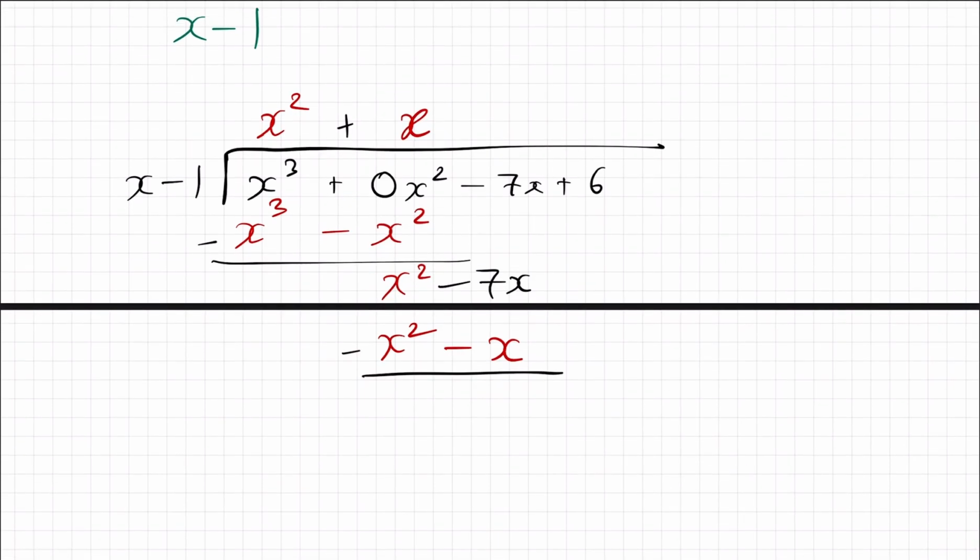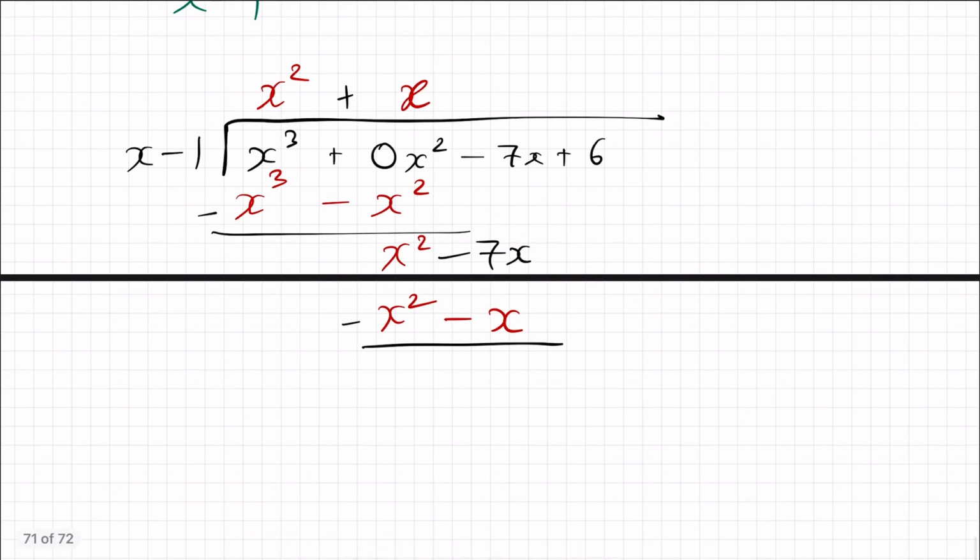So now let's subtract this. This is going to be minus 7x minus x, which is going to be minus 6. And then bring this down. So we get plus 6. And now for the final time, check this. So minus 6x and still x. So what times x gives you minus 6x? Well, that's going to be multiplying by minus 6.